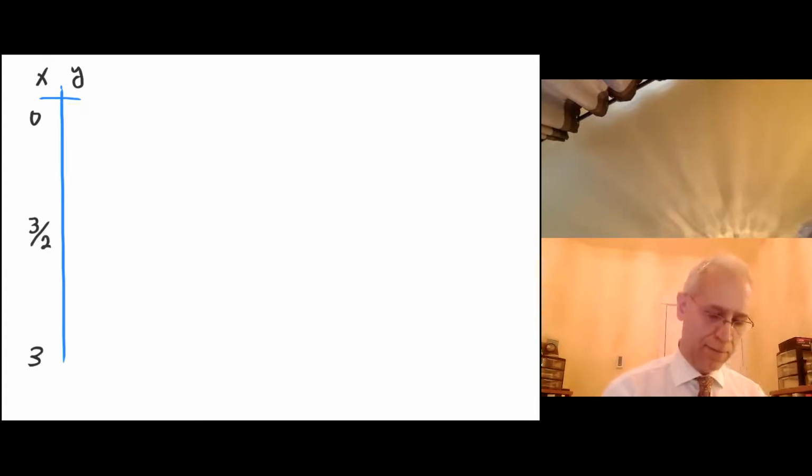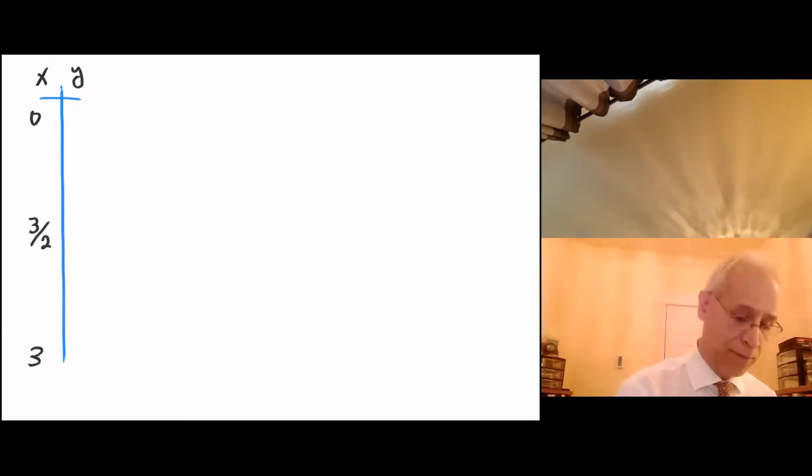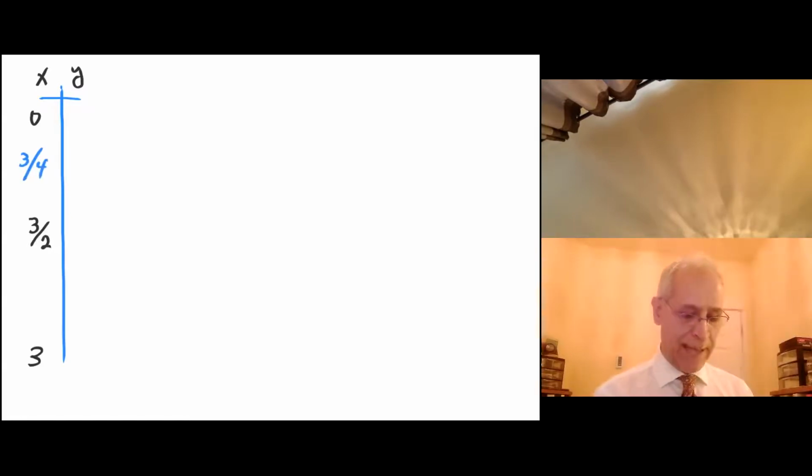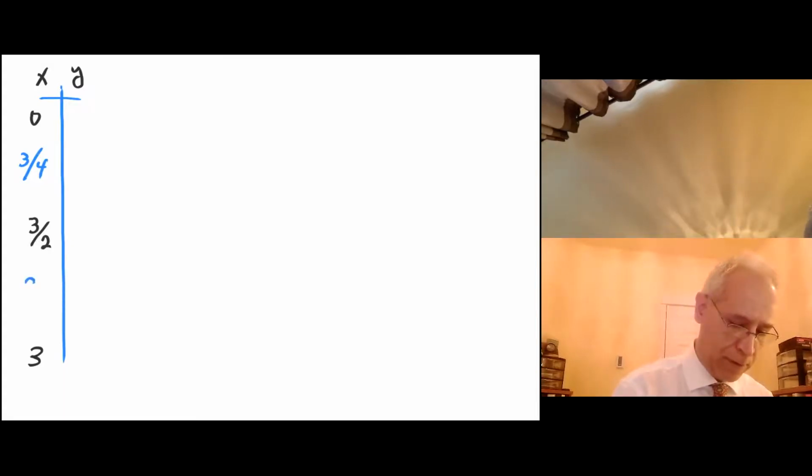The average of 0 and 3/2, so 0 plus 3/2 is 3/2, times 1/2 is 3/4. 3/2 plus 3 is 4.5, or 9/2, times 1/2, which is the same as dividing by 2, gives me 9 over 4.